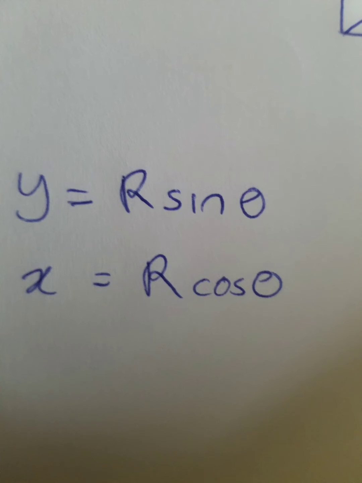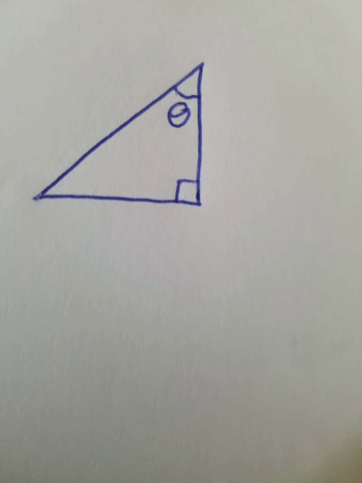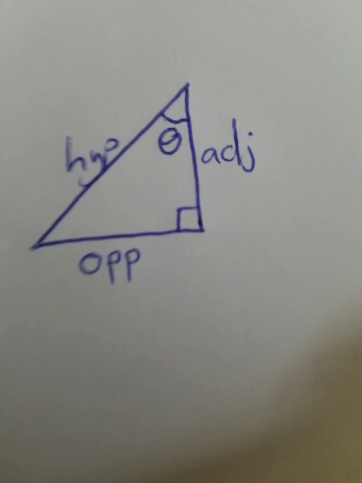An emphasis on the angle theta. It's not always that the angle is going to be in one position. The angle determines the sides of this triangle. The hypotenuse is always the same. It's always opposite the right angle.